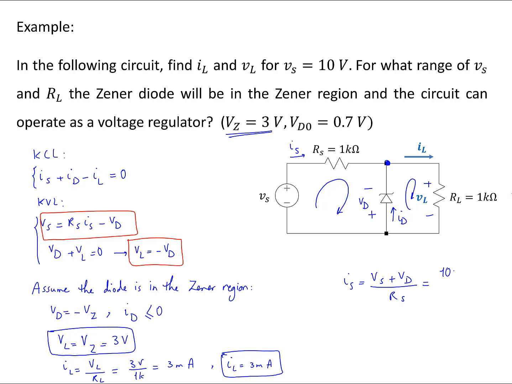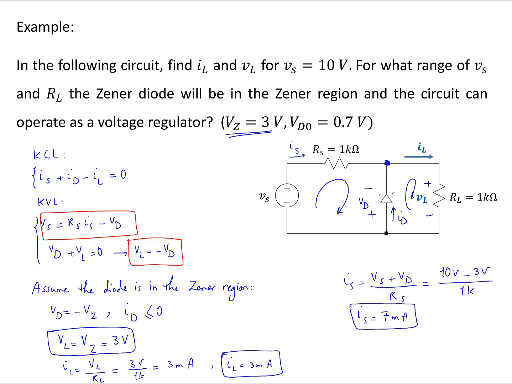VS is equal to 10 volts and VD is equal to negative VZ, because I assume that the diode operates in the zener region. That's going to be negative 3 volts, since VZ is 3 volts. So I have 10 volts minus 3 volts divided by RS. RS is equal to 1 kilo ohm. From there, IS is equal to 7 milliamps.